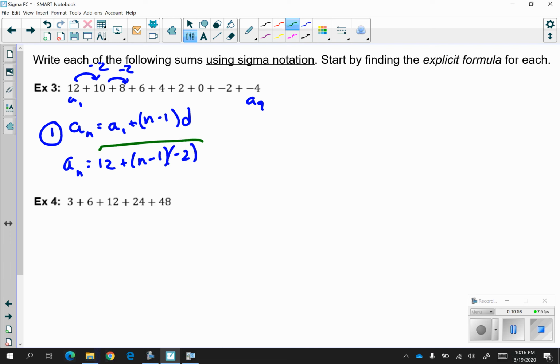I'm going to use this formula to figure out my summation notation. So step 2, write it with sigma. Make sure you actually use parentheses around this. That way it looks like the entire thing is attached to the sigma as opposed to just the 12 being attached.